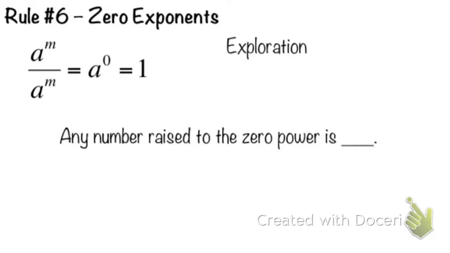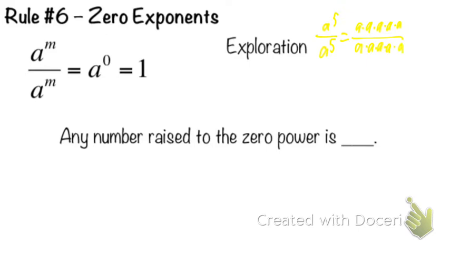Okay? Let's say we end up having a to the 5th over a to the 5th. Write this under the exploration, please and thank you. So a to the 5th is secretly what? 5 a's, right? And same on the bottom, right?